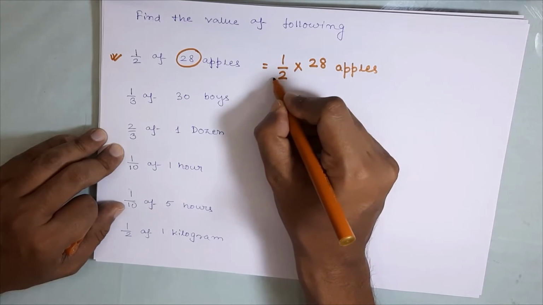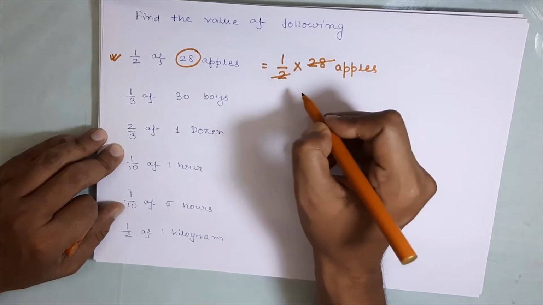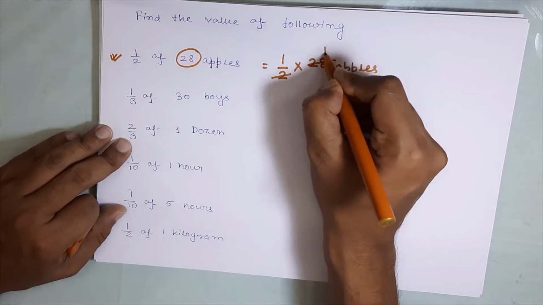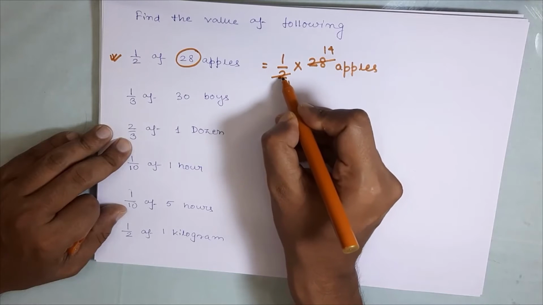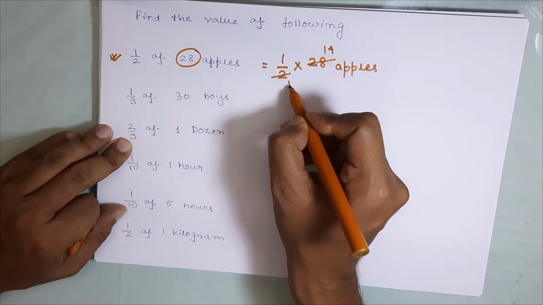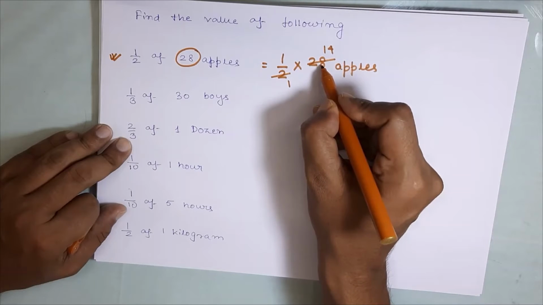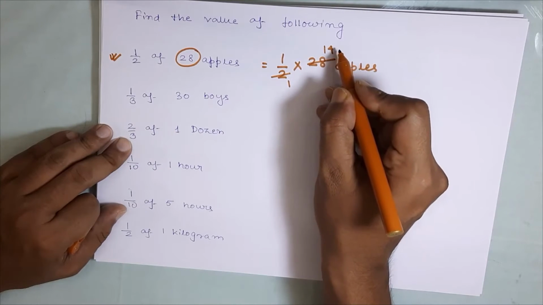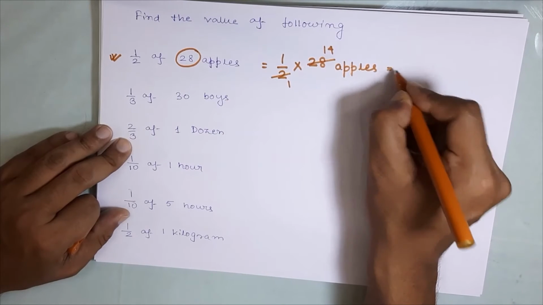So now we divide 28 by 2 and it comes to 14. Here we divide 2 by 2, so we get 1, 2 by 2 equal to 1, and 28 by 2 equal to 14. So now we have 1 by 1 into 14.